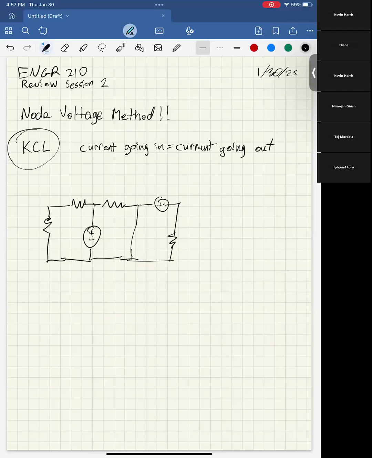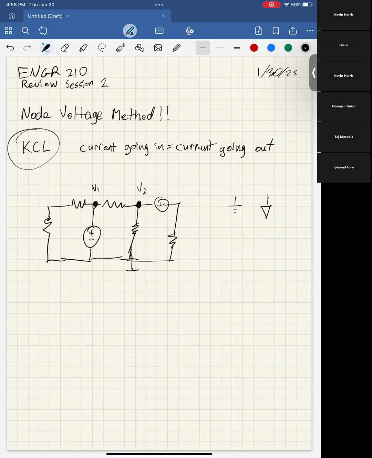So what we do is we define points where three or more components meet. So we define this as V1, this as V2, and then where the most things meet, which is basically for every question in this class going to be the bottom side of the circuit, we define that as 0 volts, which you can write as this little symbol or this little symbol.